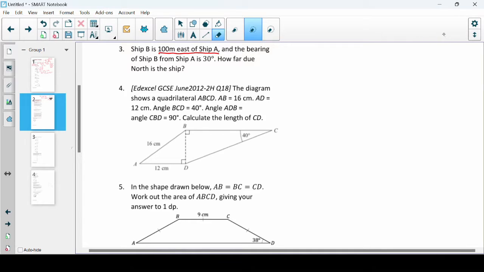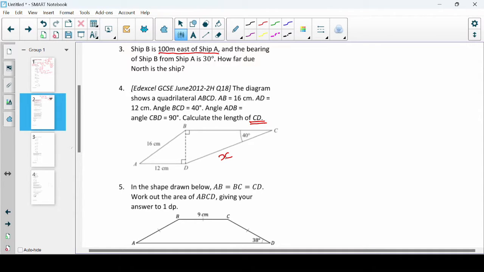Okay, so here is an exam question and the diagram shows a quadrilateral. In this one, calculate the length of CD. We have been asked to find the length of CD. So C and D, this length x we have to find. Now this one we have been given.